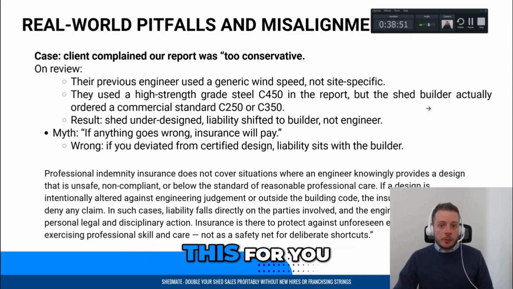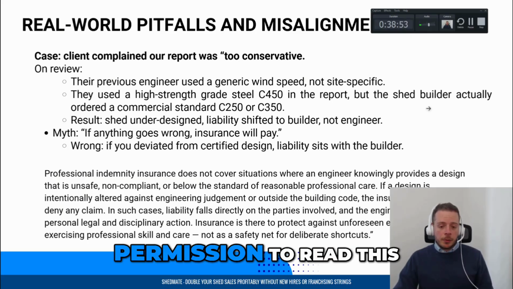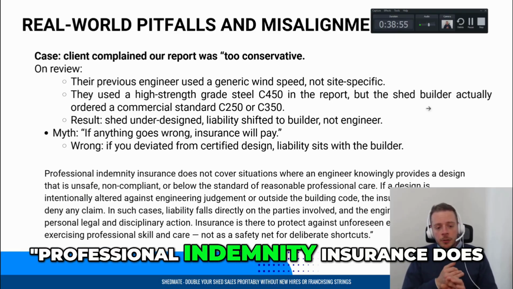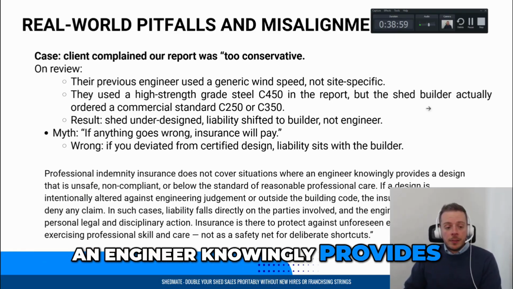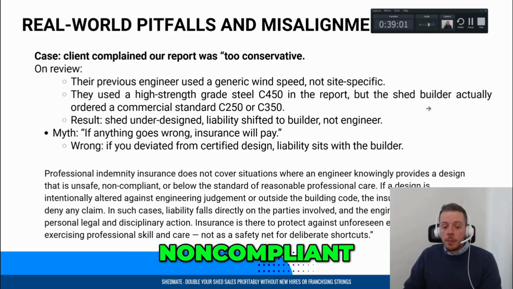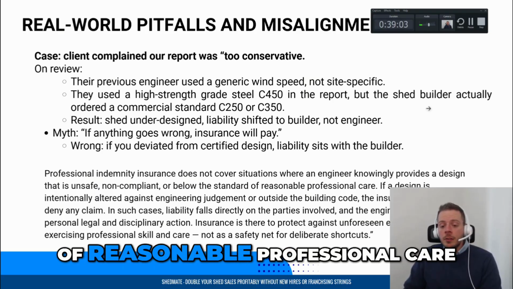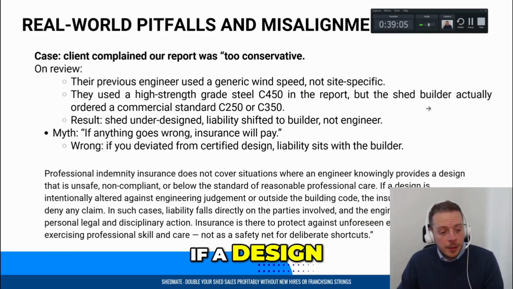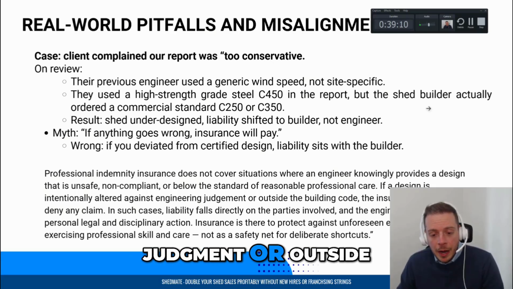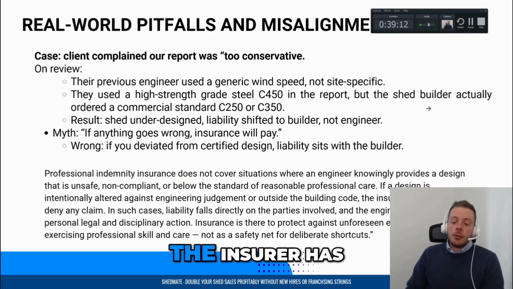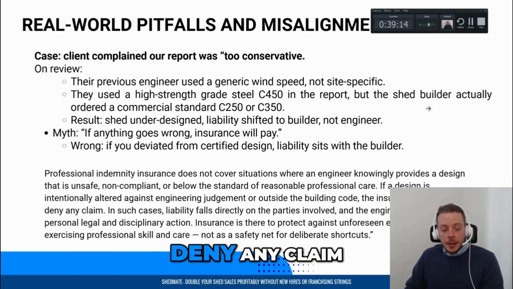So I'll read this for you. I'll ask for the permission to read this. Professional indemnity insurance does not cover situations where an engineer knowingly provides a design that is unsafe, non-compliant, or below the standard of reasonable professional care. If a design is unintentionally altered against engineering judgment or outside the building code, the insurer has the right to deny any claim.